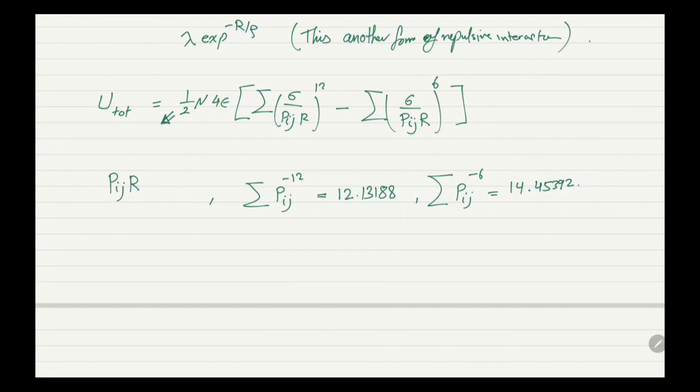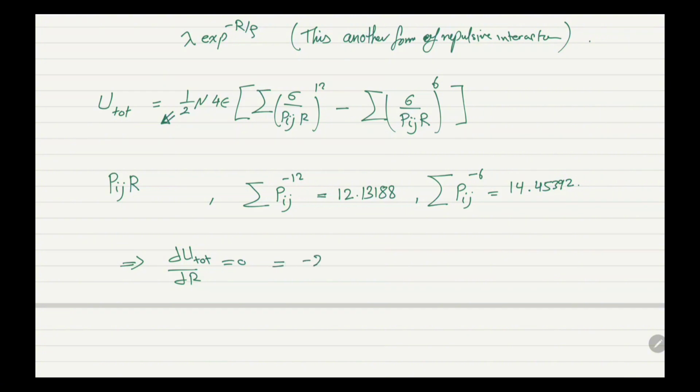If we look for the equilibrium value R0, we have to differentiate the total energy with respect to R and set it equal to 0. So dU total by dR equal to 0.